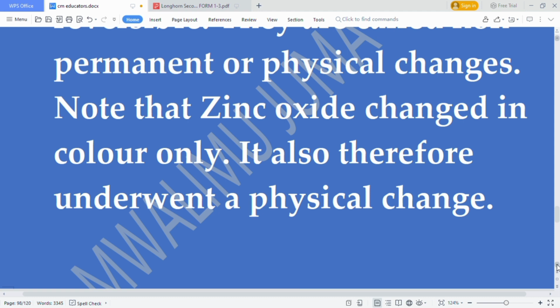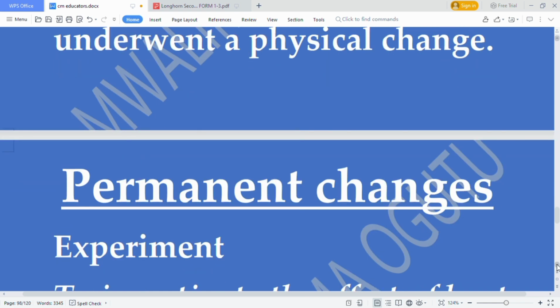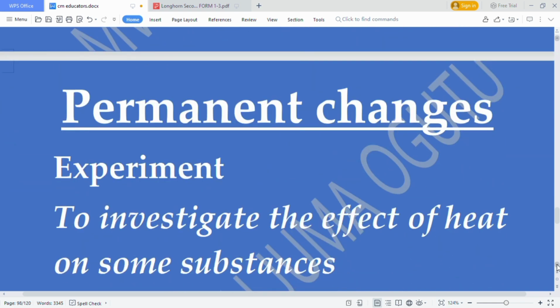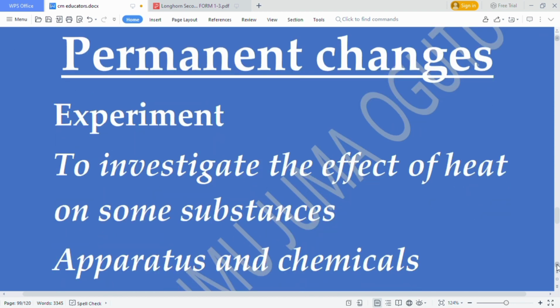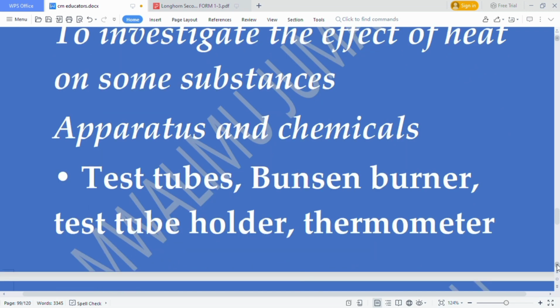So let's now look at permanent changes. So far we have been looking at non-permanent changes. To investigate the effect of heat on some substances, the apparatus and chemicals that we are using are test tubes, a Bunsen burner, a test tube holder, and a thermometer.